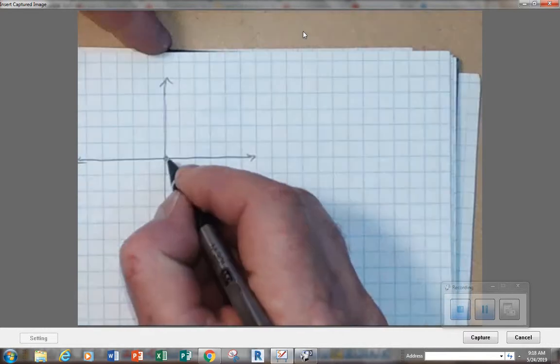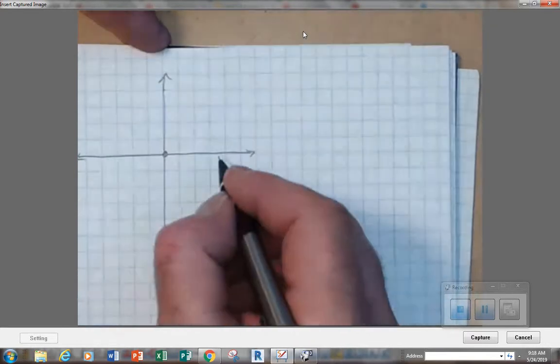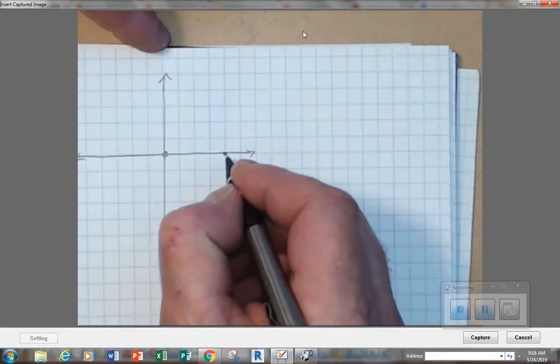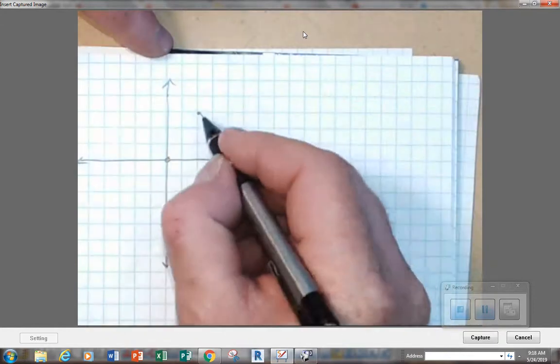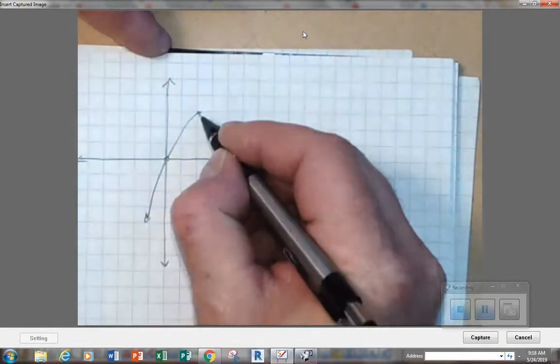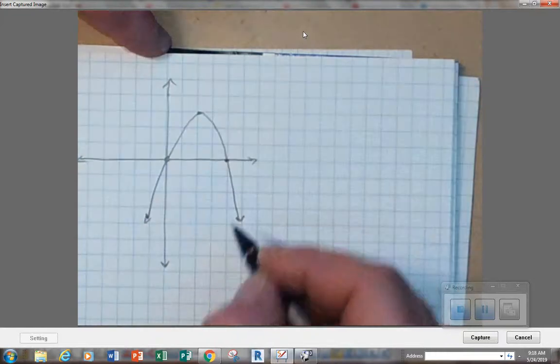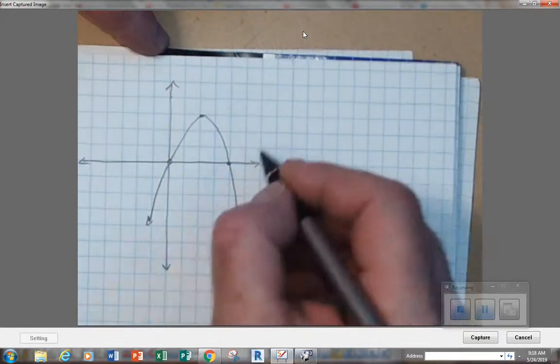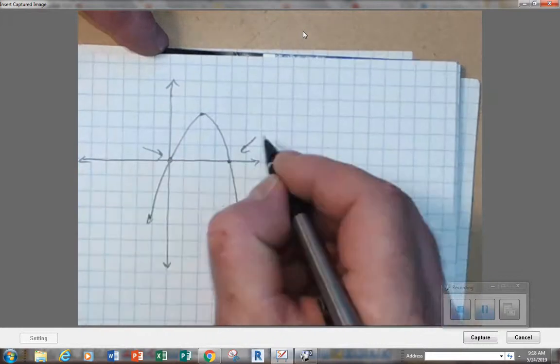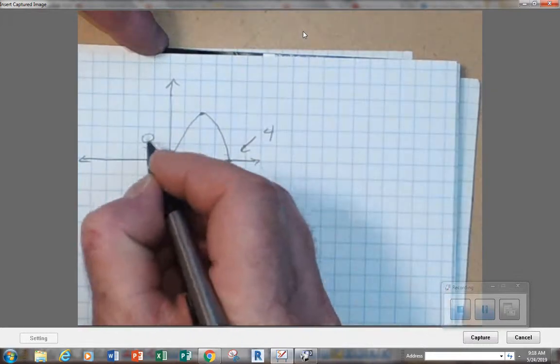Looks like it's opening right here. Looks like it's going down at 4. Looks like the vertex is 2, 4. It's a maximum. This means A would be negative. This would be like a negative x squared problem. Those are my roots. Positive 4 and 0.